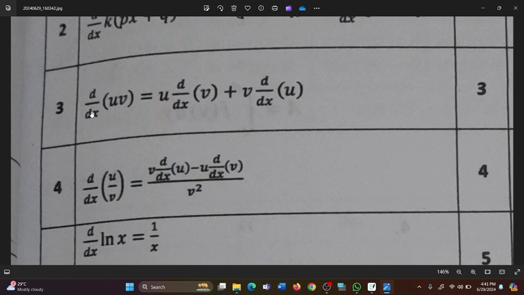That is d/dx of u by v. First we take v, then multiply it with the differentiation of u, minus u d/dx of v, and we divide the entire thing by v squared. And this is the fourth formula.